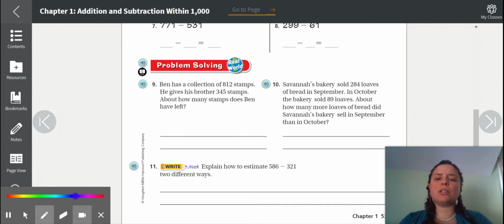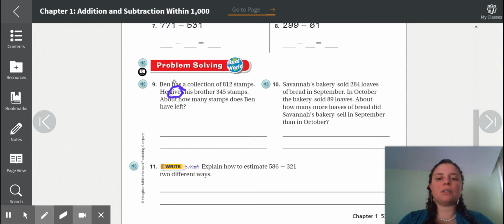Let's look at the problem solving. Ben has a collection of 812 stamps. He gives his brother, I'm going to circle gives because that's a subtraction word, 345 stamps. About how many stamps does Ben have left? So it says right here he gives, which means it's subtraction, and about means we are estimating. We do not want the exact number.